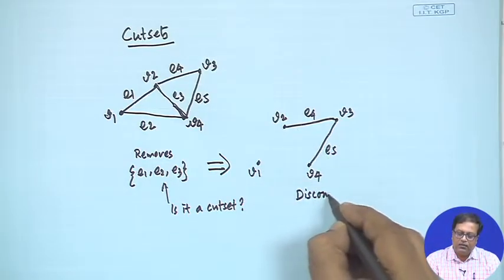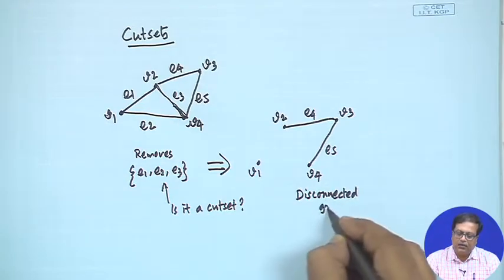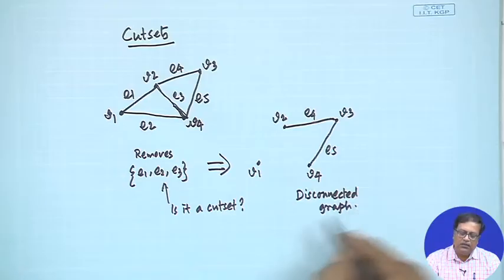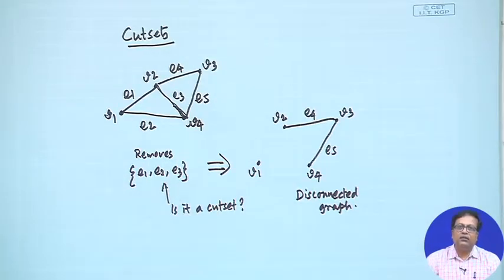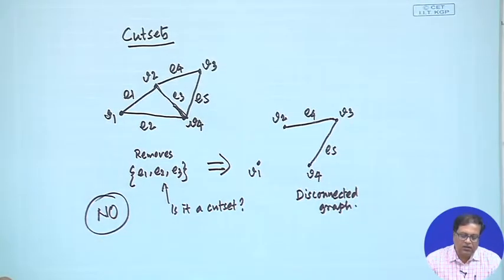So, this is a disconnected graph. The question comes: E1, E2, E3, is it a cut set? The answer is no, it is not a cut set. Why is it not a cut set?